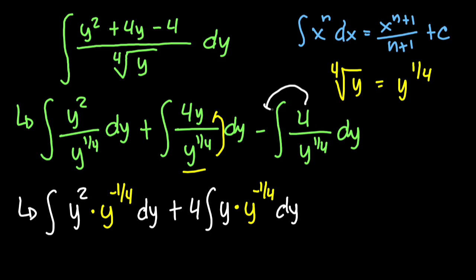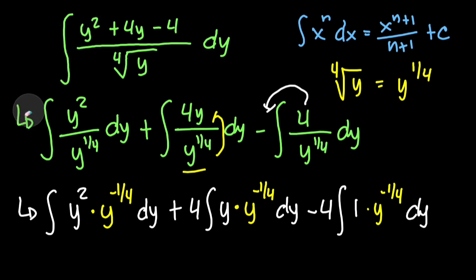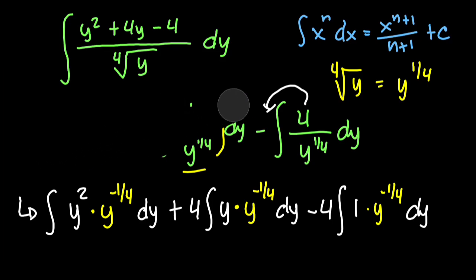Put 4 again outside of the integral, so this would be minus 4 integral of, since this is 1 when you lift it, 1 multiplied by y to the power of negative 1/4 dy. I apologize if I make this look complicated, but it's not.